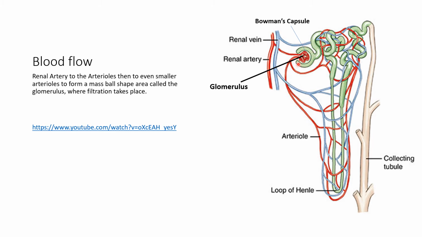Here's your Bowman capsule that's up out here. So the force from the blood volume in your capillaries here will go ahead and force out the water, the sodium, the electrolytes, the nutrients, the glucose.